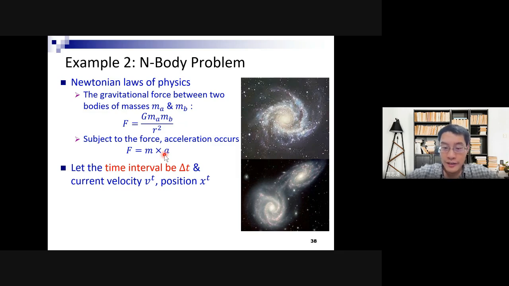Okay. So again, this is what you probably know from high school. Basically, we have X to indicate the position, V to indicate the velocity, and A to indicate the acceleration, and we have t to indicate their values at a given time interval.